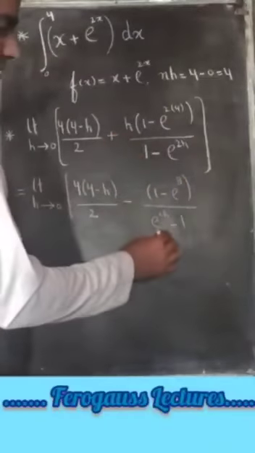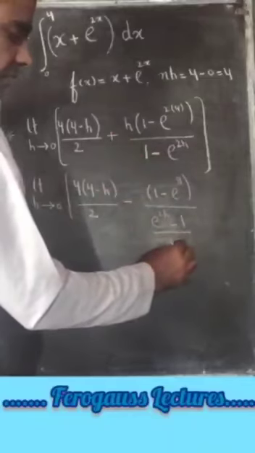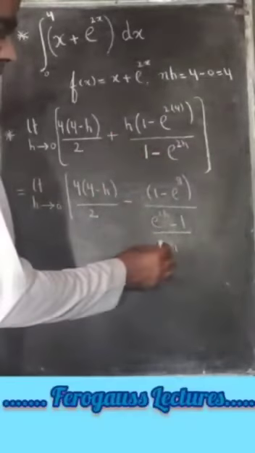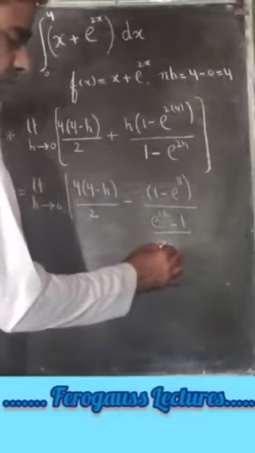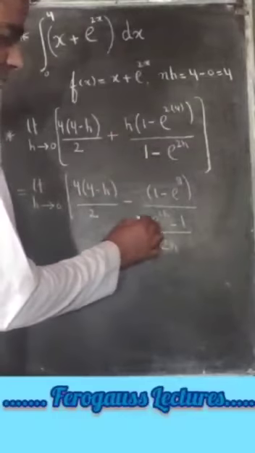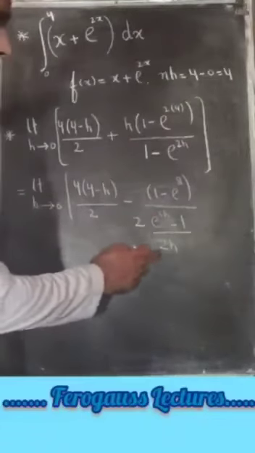Now we write this h here and we multiply h by 2 and write 2 here also, so that 2 by 2 is equal to 1.